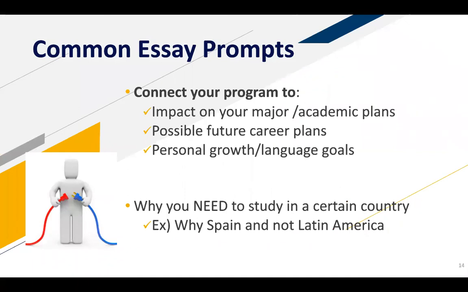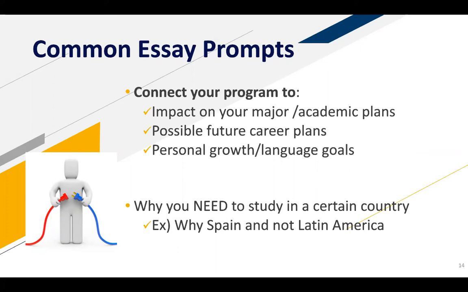Most essay prompts will ask you to connect your program to your major or academic plans, possible future or career plans, or any personal growth or language goals. Here, it is so important to be specific. Instead of writing something like, "I will take classes for my major," you want to say, "I am an economics major and I am planning to take microeconomics, world theory, and language immersion classes.